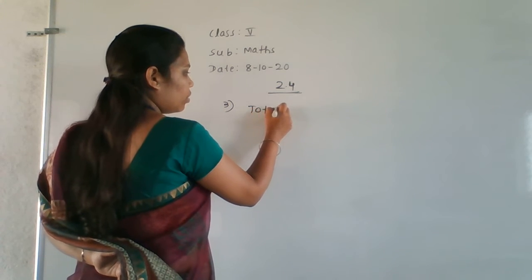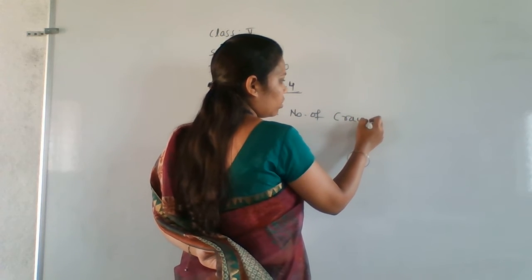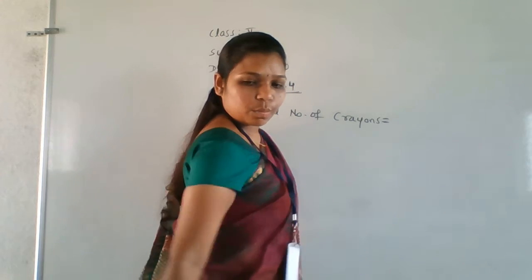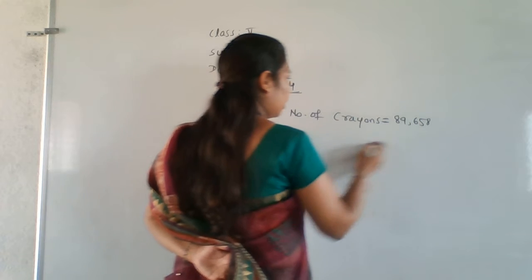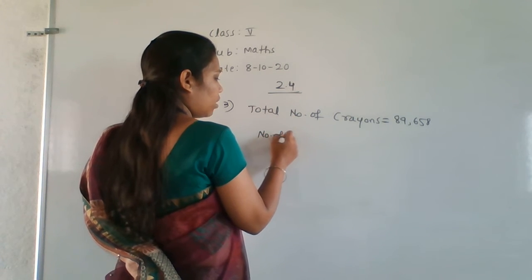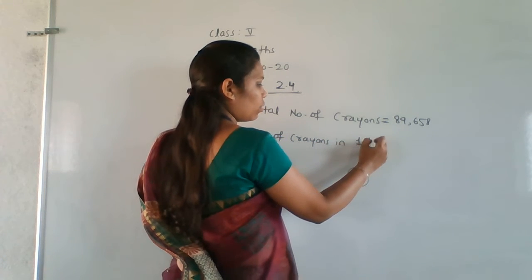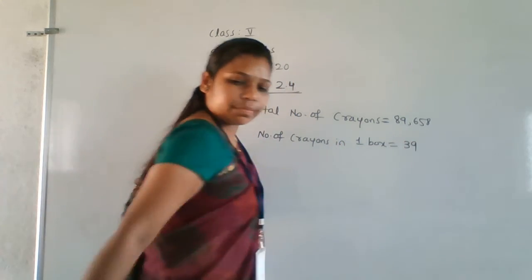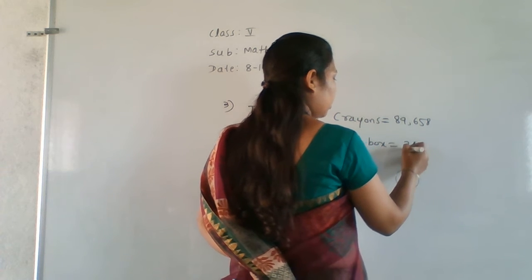Total number of crayons is equal to how much? How much did they give? 89,658. Number of crayons in one box is equal to 34.